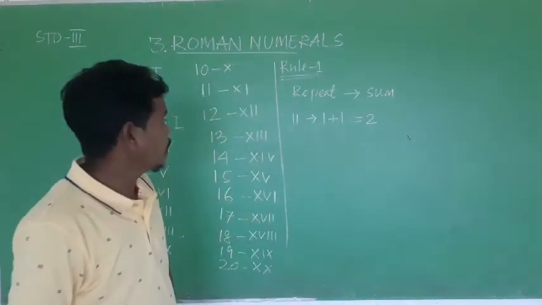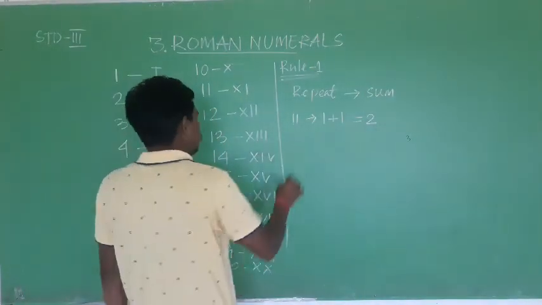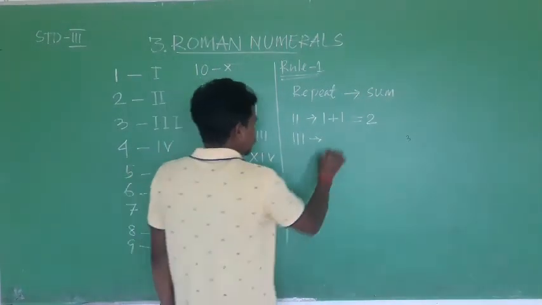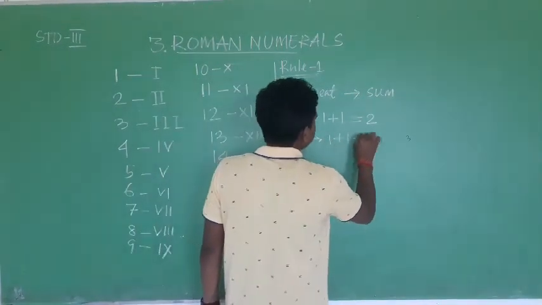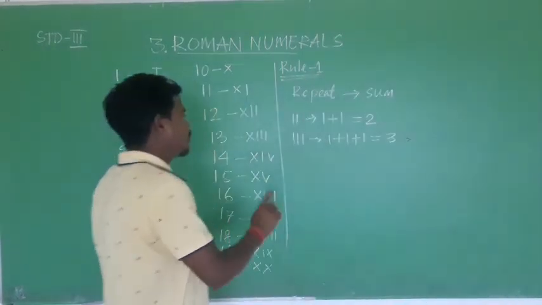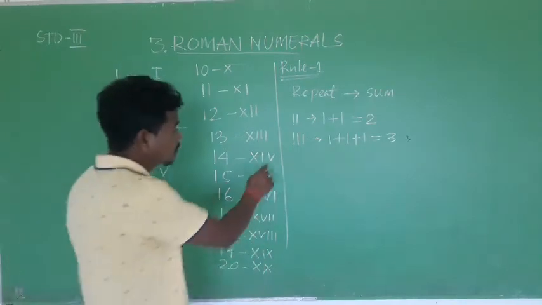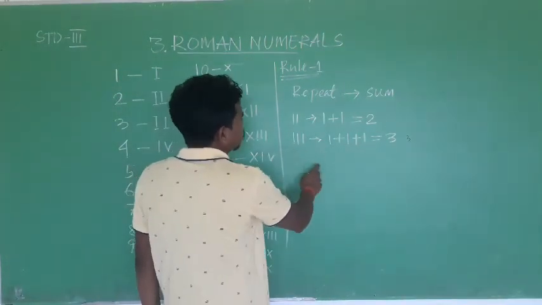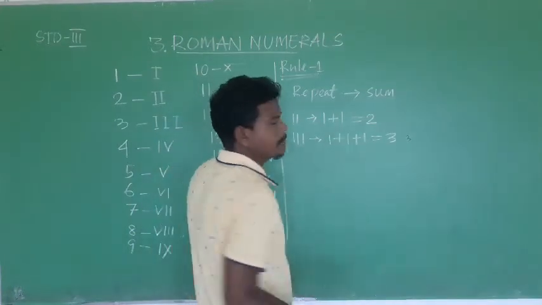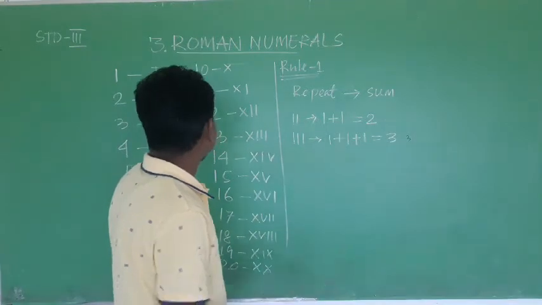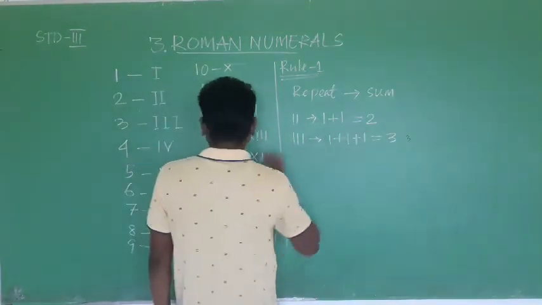Suppose III. III will be 1 plus 1 plus 1 is equal to 3, because 3 times I are there. So I means 1, and 3 I means 1 will be added 3 times. That is equal to 3.